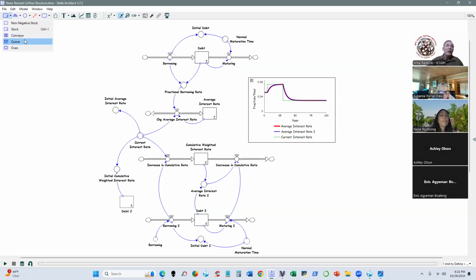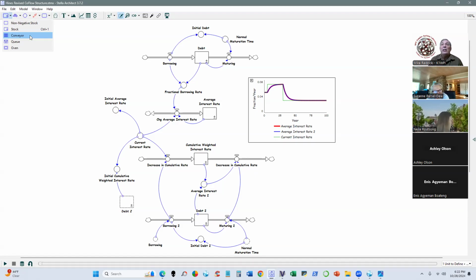When you get into conveyors, queues, and ovens, now we're deviating from the system dynamics paradigm and adding discrete formulations into the model. And at the beginning, people would say, oh, that violates Jay's pristine paradigm. We can't be doing that.